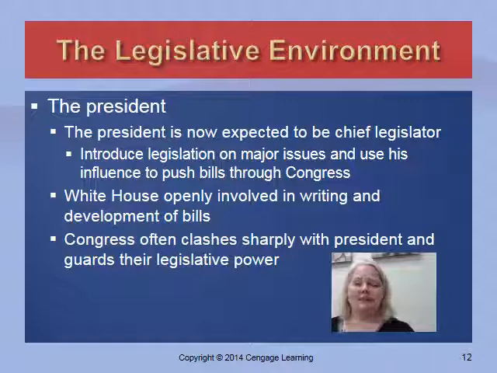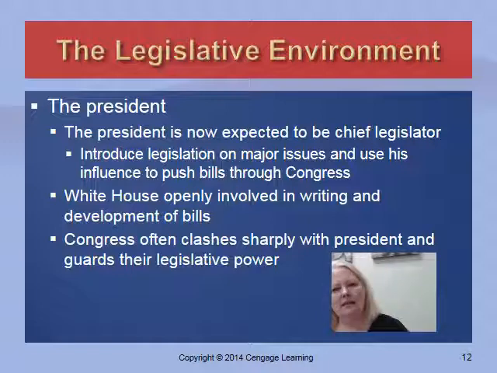So the president, as I mentioned previously, has a lot of input in the legislative environment. Largely that's because of the political process. You know, the president runs for office based on a platform. The president promises to do this or that and not to ever do this thing or that thing.